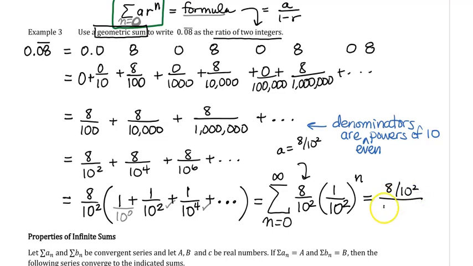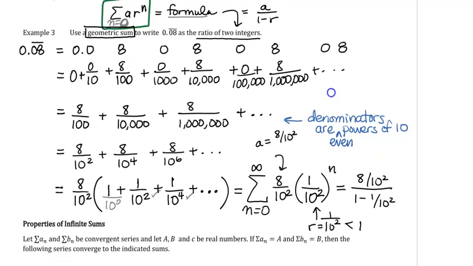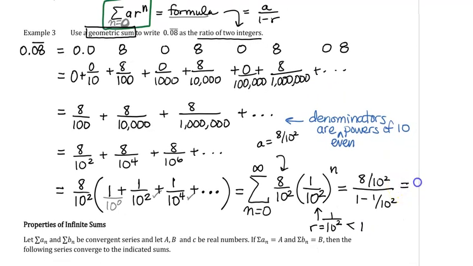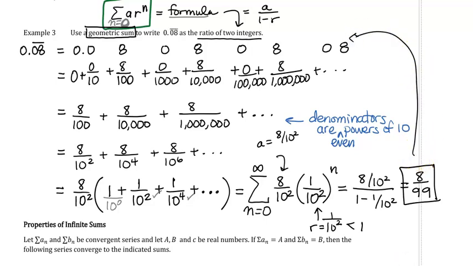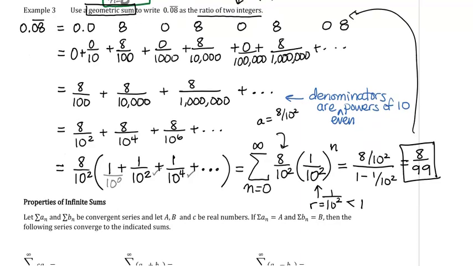And in the denominator, we have 1 minus r, and r is 1 over 10 squared, which it is worth noting is less than 1, so I do know that this series is convergent. And this equals 8 divided by 99. So it is the fraction 8 divided by 99 that gives the repeating decimal 0.08 repeating.